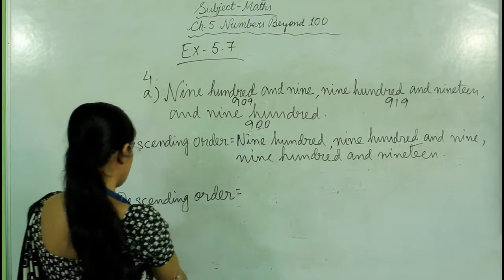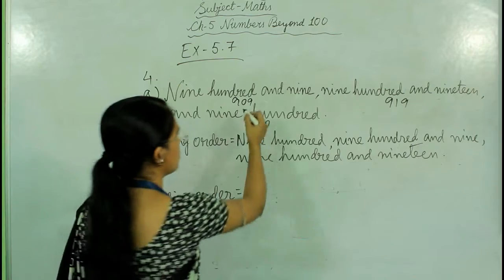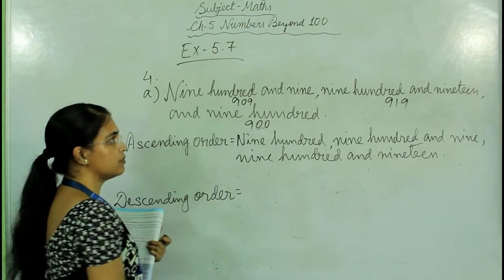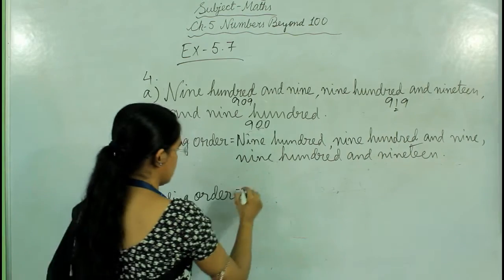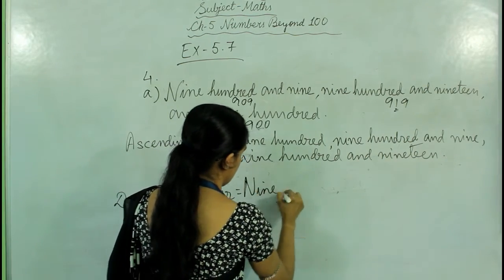Okay. Now descending, bada se chota. Among these 3 numbers, which one is the bigger number? 919. So we will write the number name of 919 first.